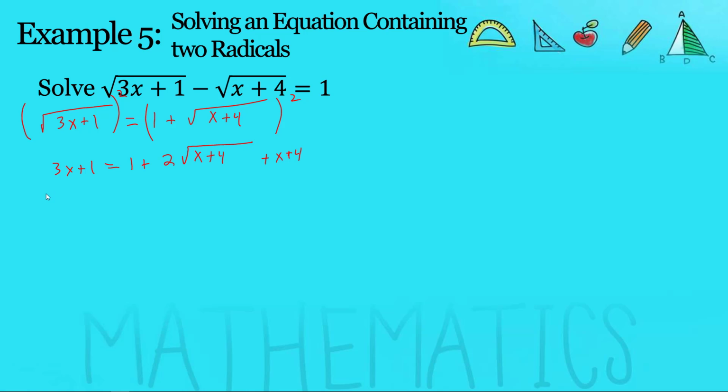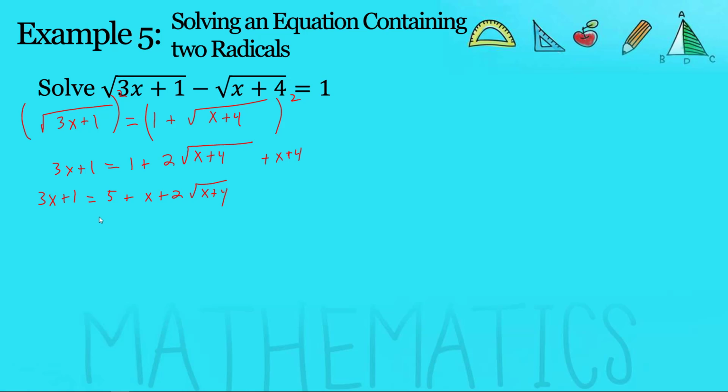Now the first thing I can do is a little simplification. I can have 3x plus 1. I have a like term here, that's going to be 5 plus x plus 2 times the quantity x plus 4.